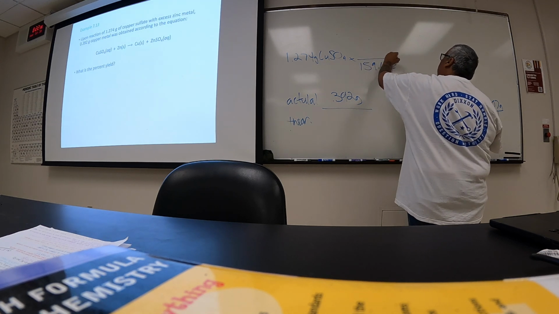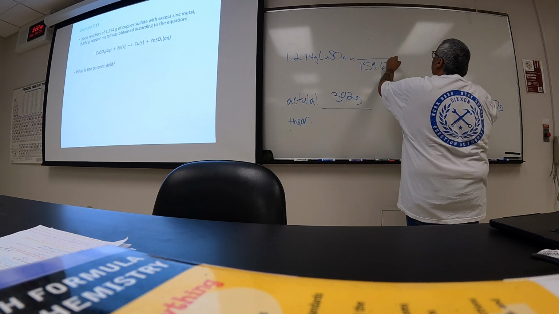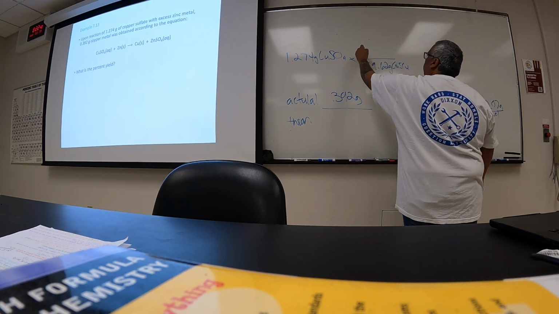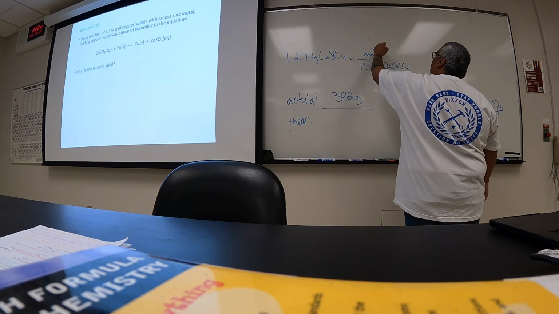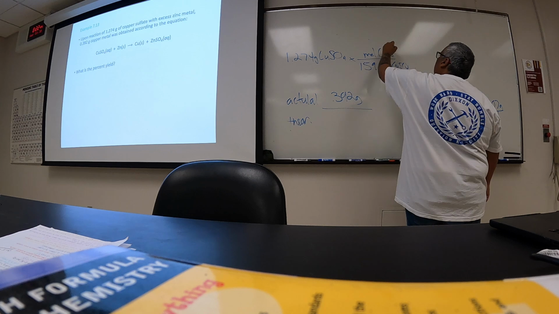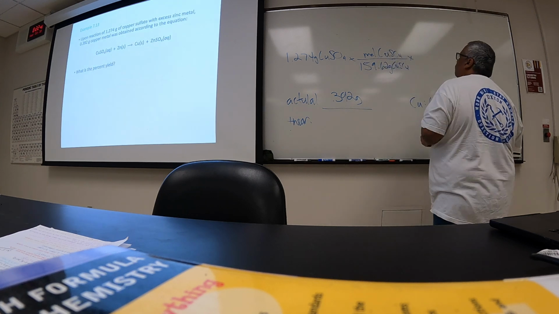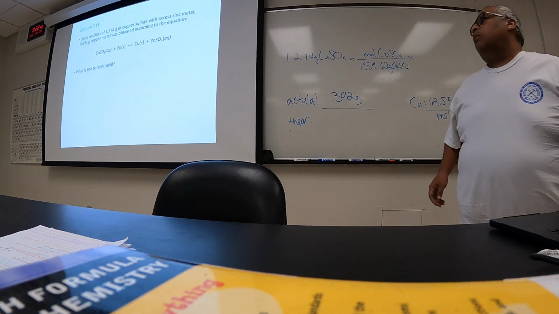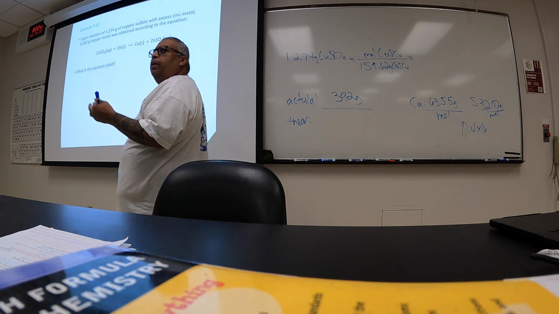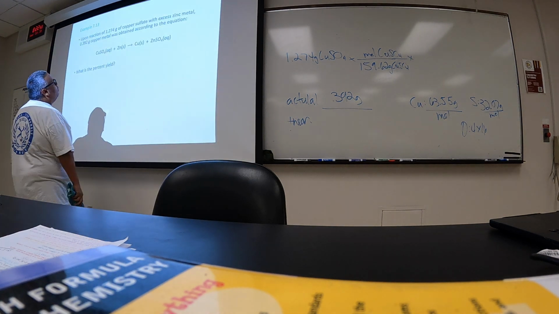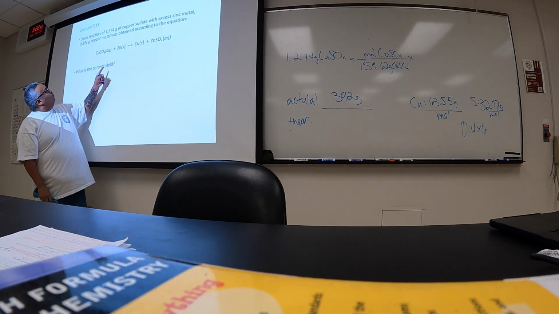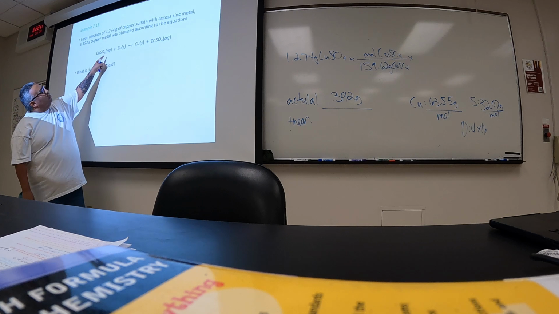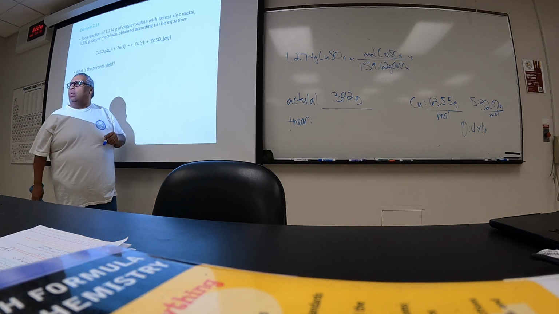159.62 grams of copper sulfate for every mole of copper sulfate. All right. We're going to use stoichiometry that we learned the other day.